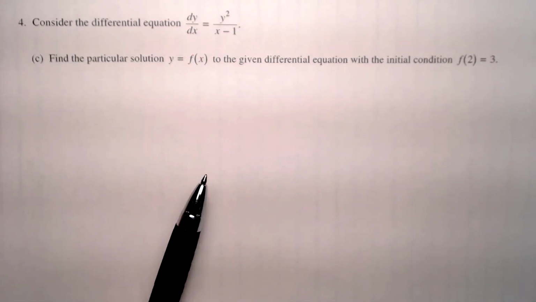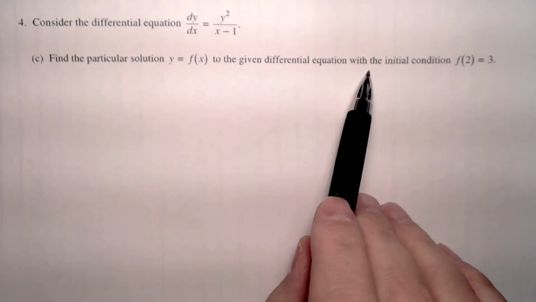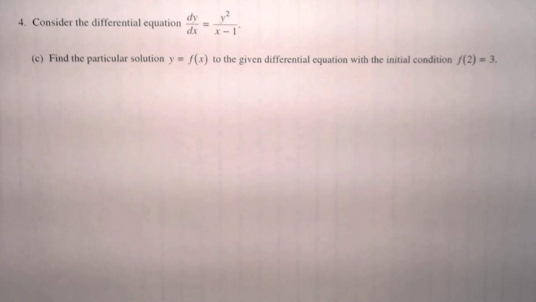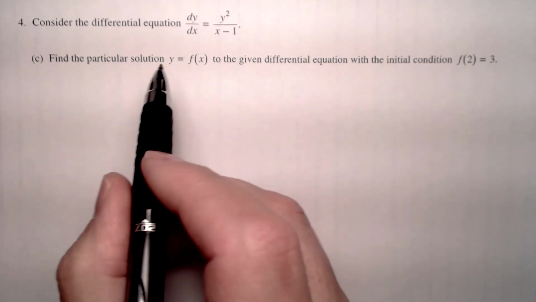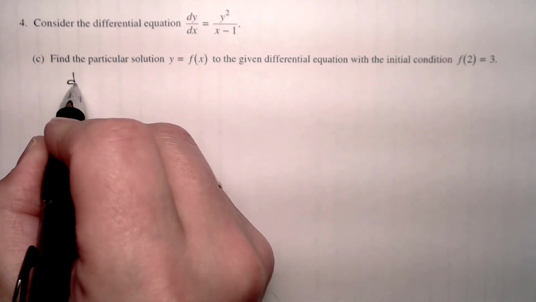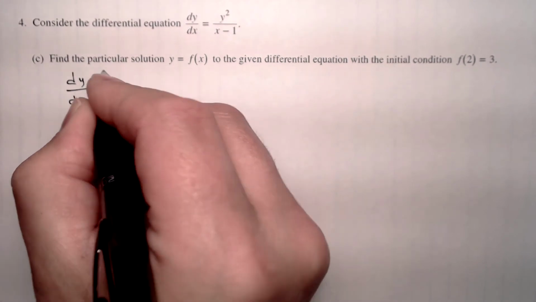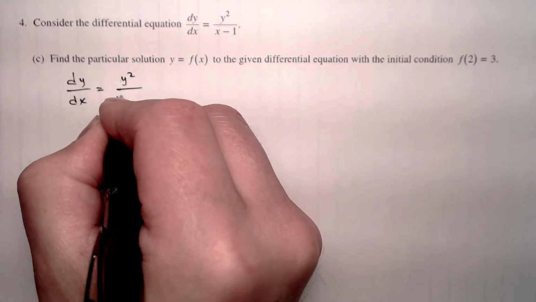So here we need to find the particular solution for this differential equation with the initial condition that we were given in the previous question. So let's use separation of variables. dy over dx equals y squared over x minus 1.